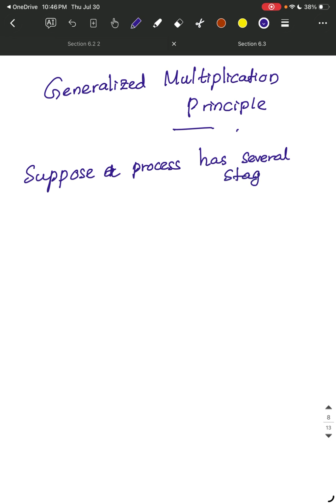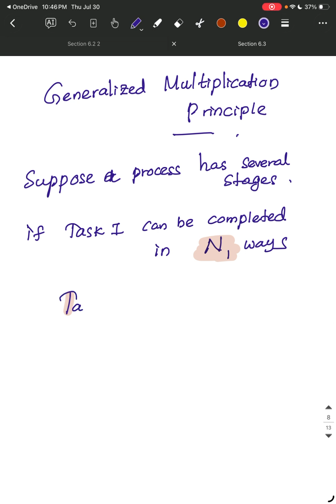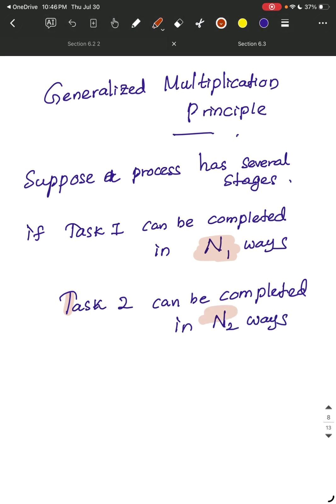If task 1 can be completed in N1 ways, task 2 can be completed in N2 ways, and so on.